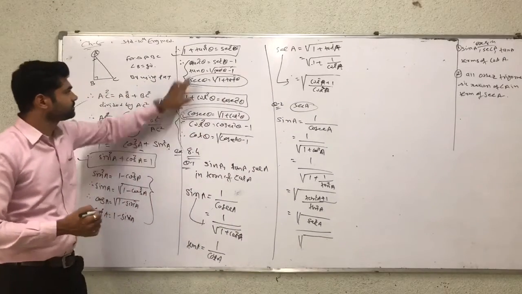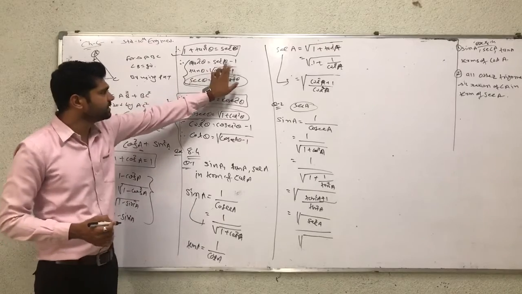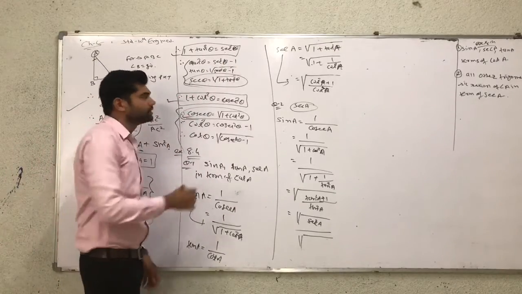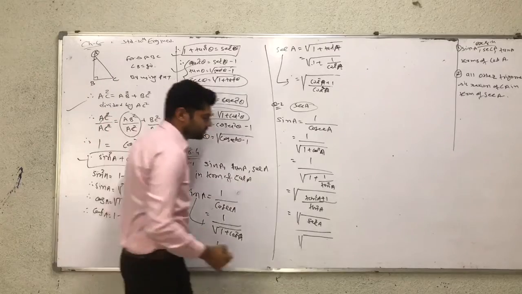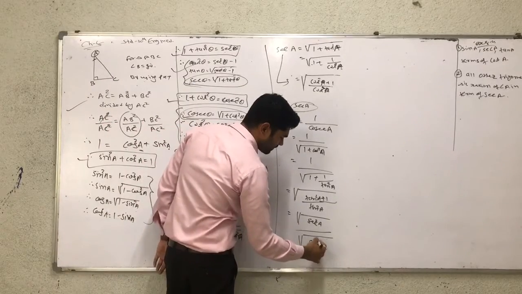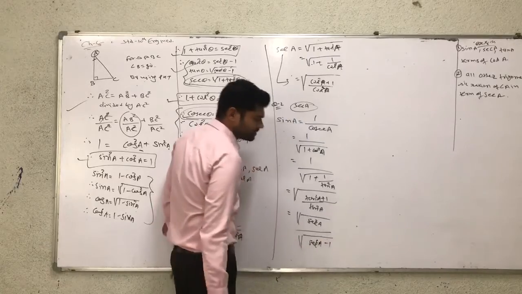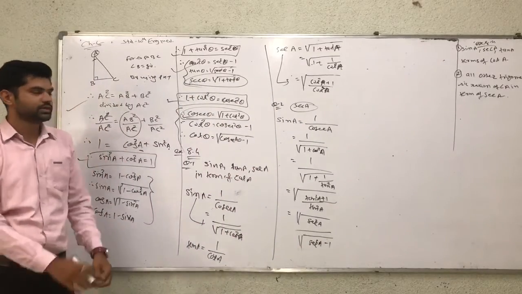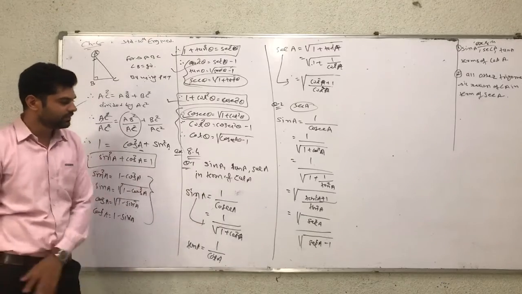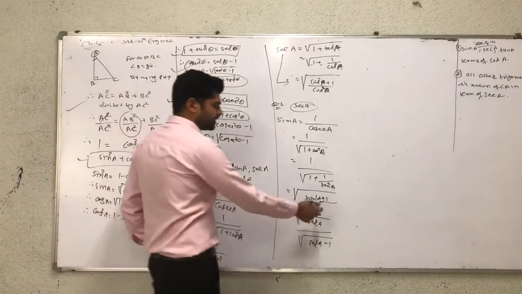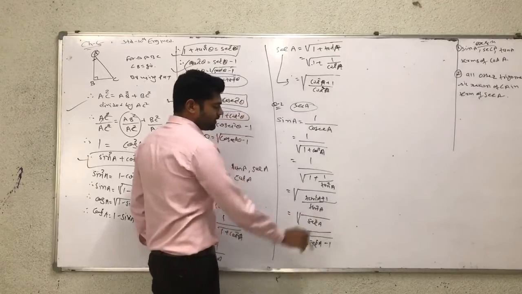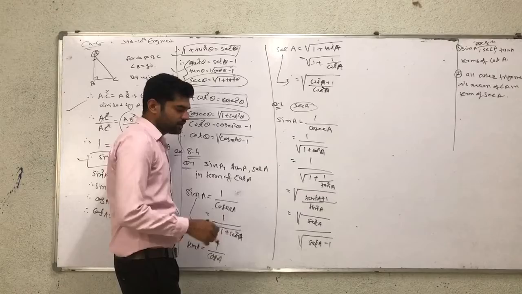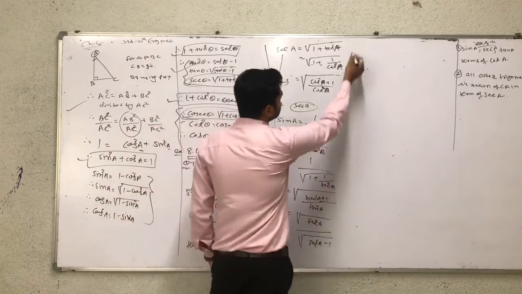Tan square means sec square A minus 1 using this equation. So in the form of sec A we have to simplify that. Multiply by another term and remove under root, and sec cancels. So the answer is sec A divided by under root sec square A minus 1.